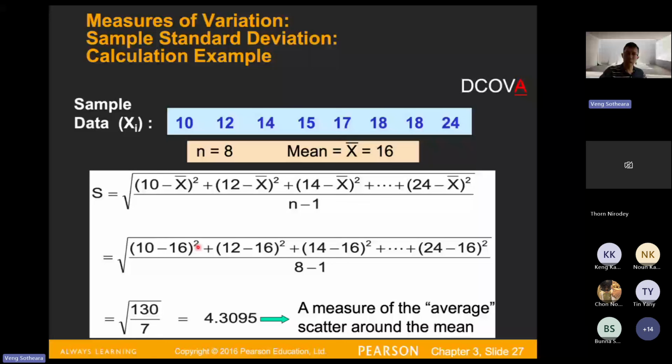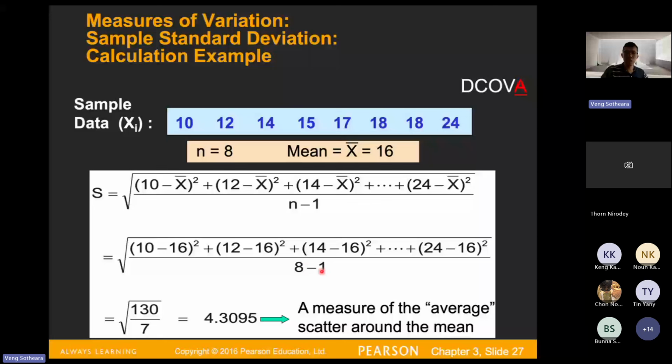By average, we mean sum them up together and divide, of course for a technical reason as I mentioned, not by 8 but by 8 minus 1.